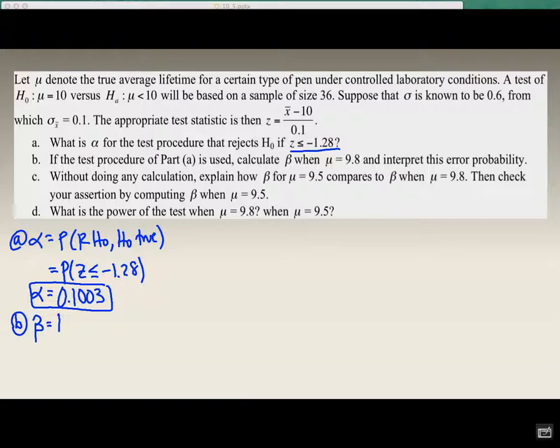Beta is going to be the probability of failing to reject the null if the null is true. It tells us that we reject if z is less than or equal to negative 1.28. Reject the null, H0 is true. Isn't it the same?